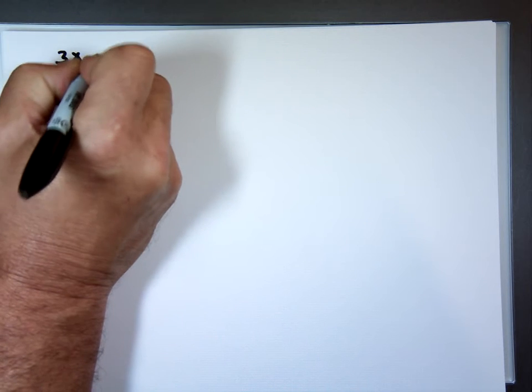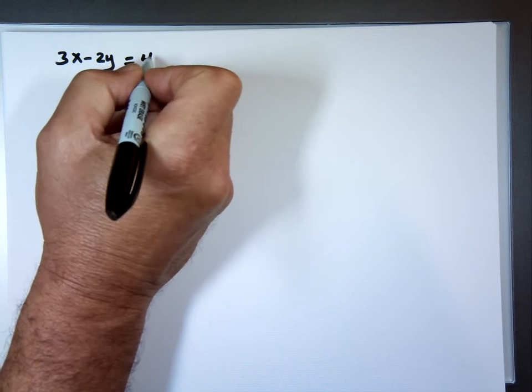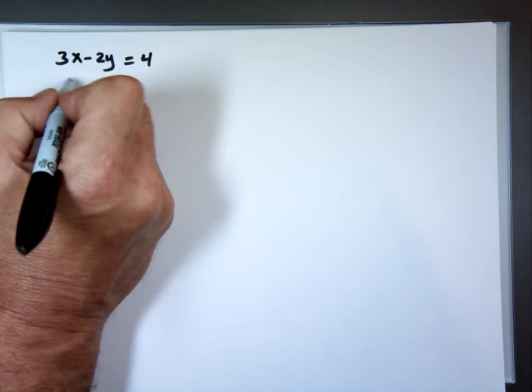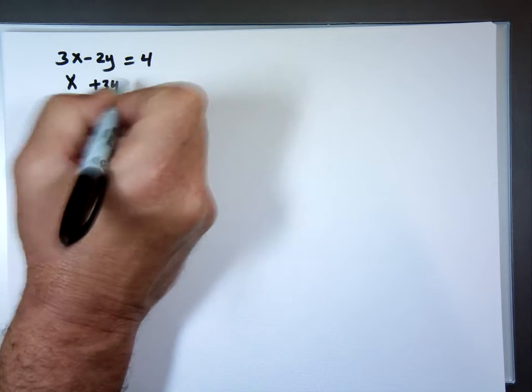I have 3x minus 2y equals 4, and x plus 3y equals 2.